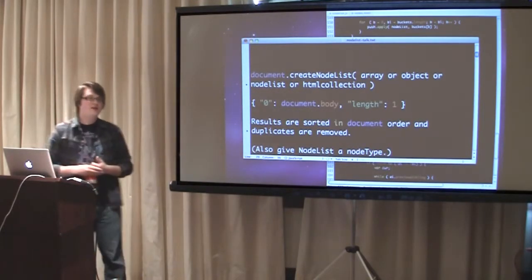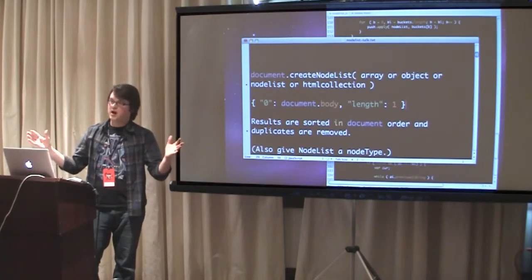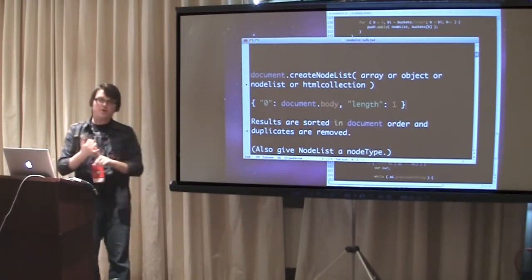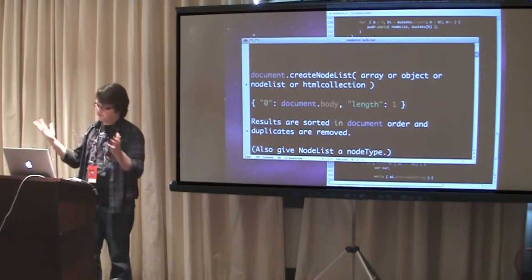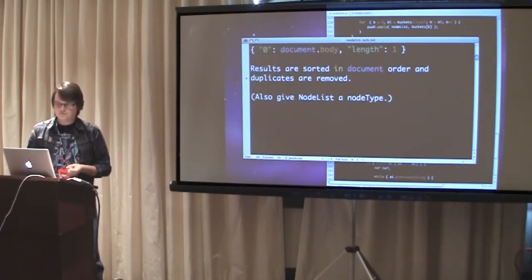I mean, this is pretty standard in that all the NodeLists that you get right now in the DOM have these properties. They work like this. They all come back in document order, and they have no duplicates. So I just wanted to maintain that state.